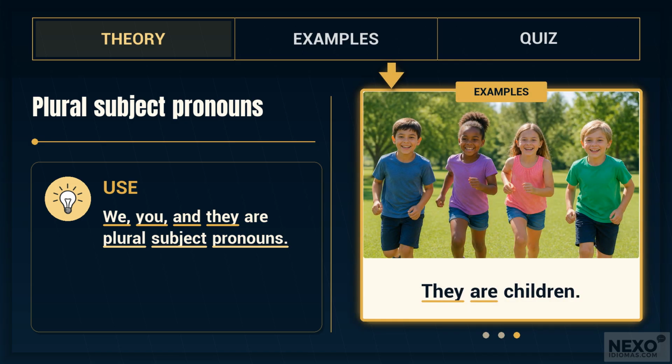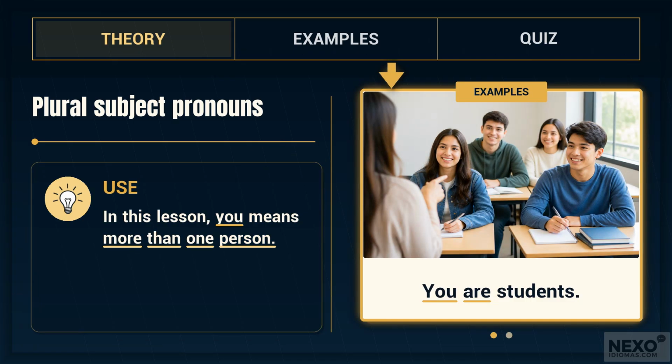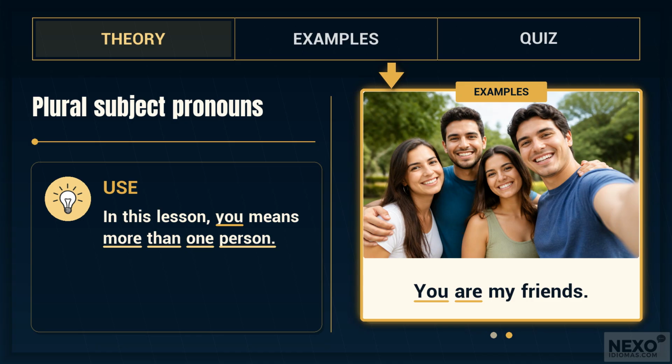Example. They are children. In this lesson, you means more than one person. Example. You are students. Example. You are my friends.